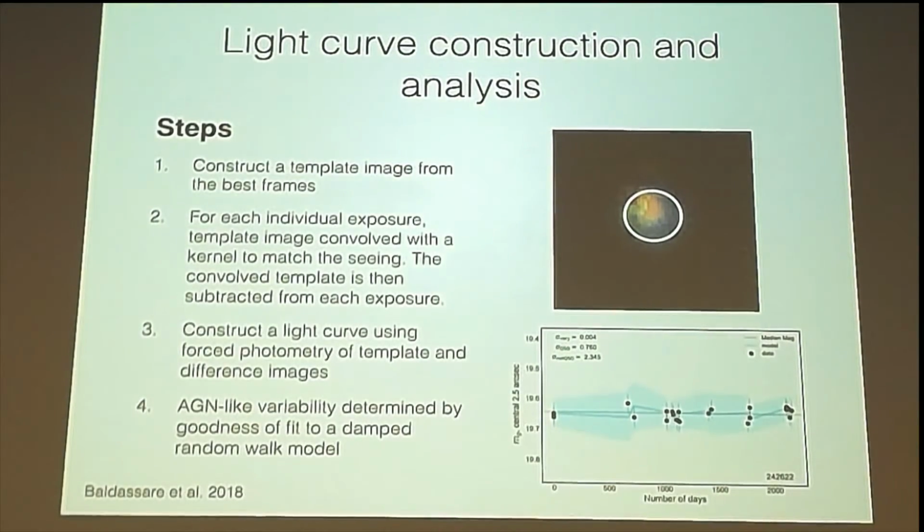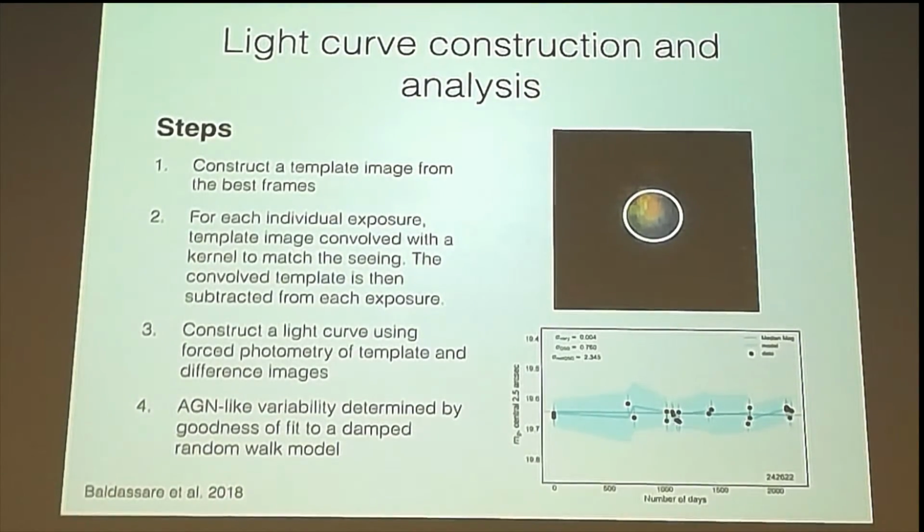I then take each of those difference images and construct a light curve by measuring the flux in the difference image in a 2.5 arcsecond aperture centered on the galaxy nucleus, as defined in the NASA Sloan Atlas catalog, and then search for AGN-like variability. This is an example of a galaxy that was not varying.